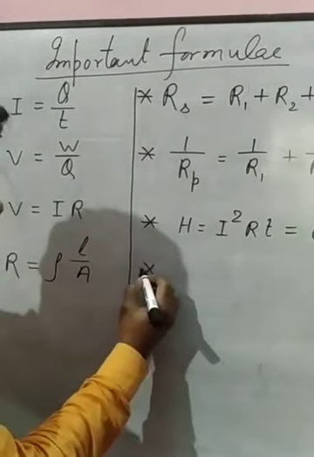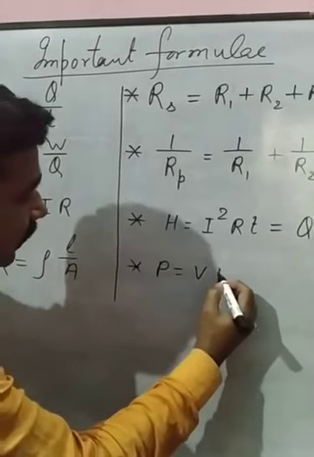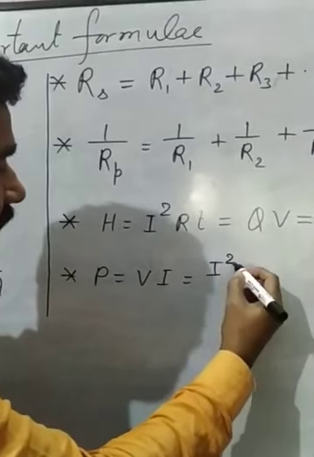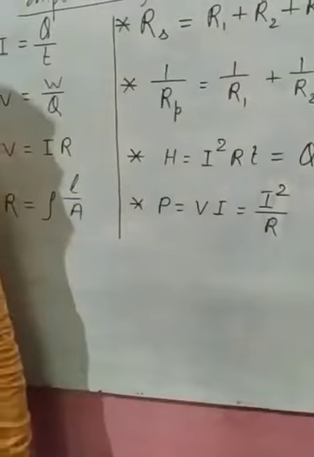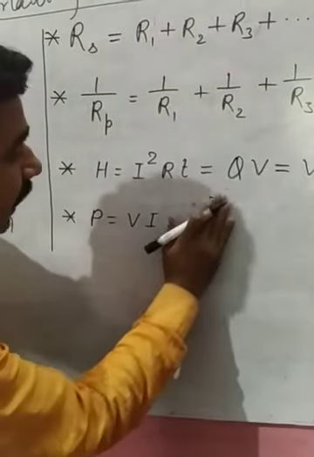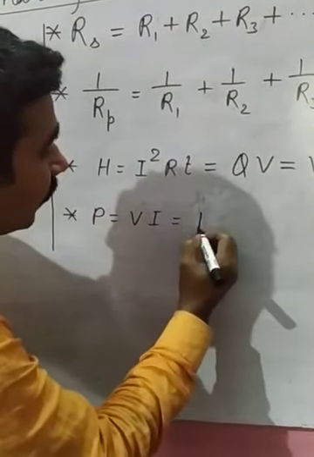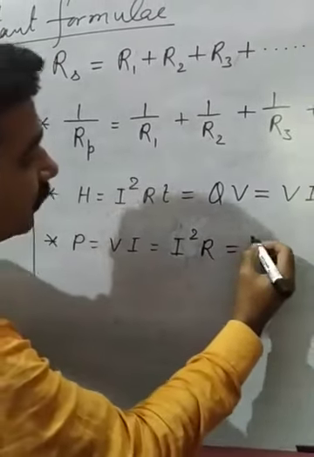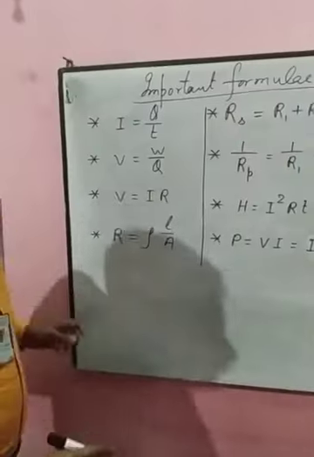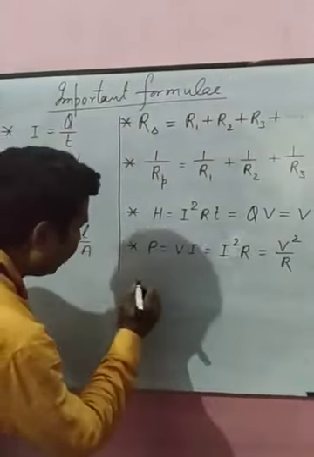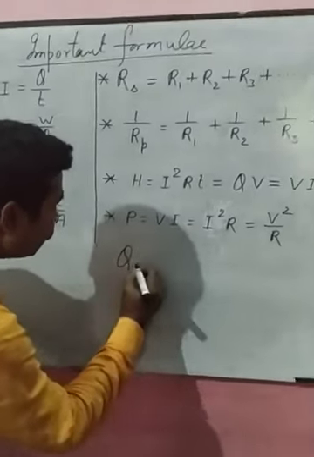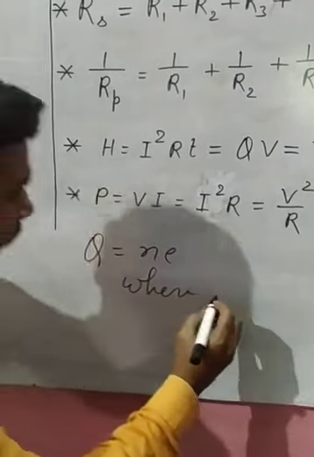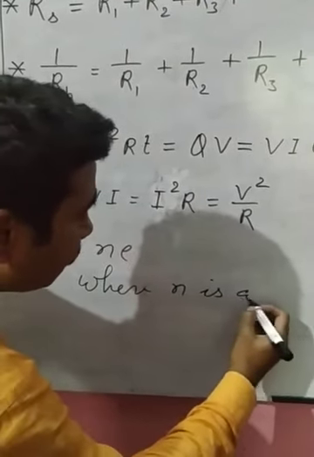Eighth formula is P is equal to VI, I square R, V square by R. The ninth formula is Q is equal to NE, where N is a whole number.